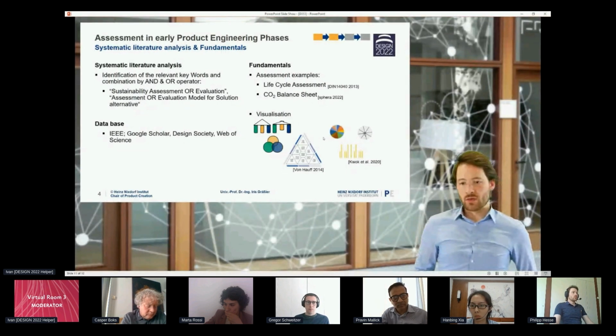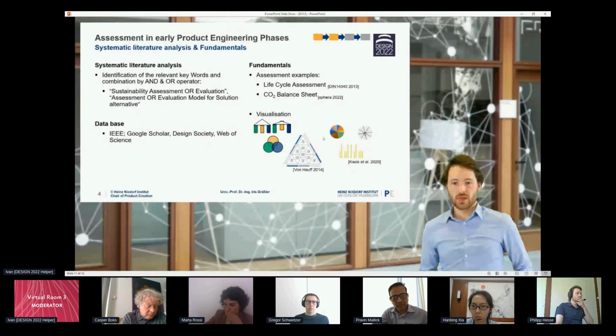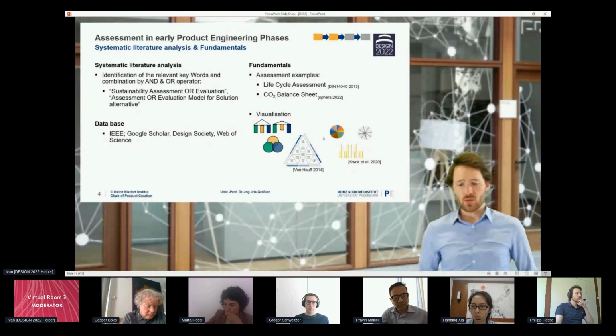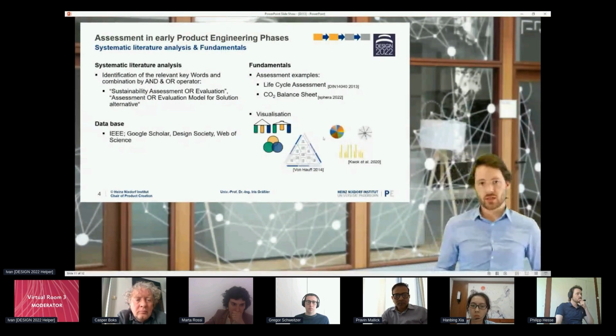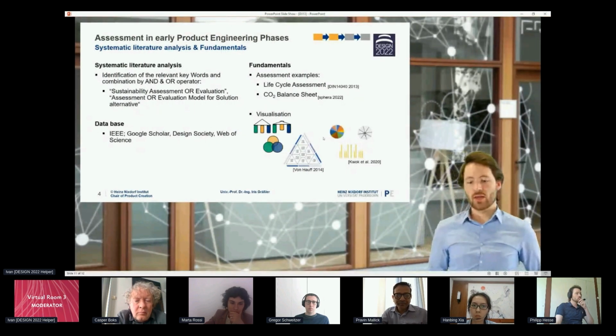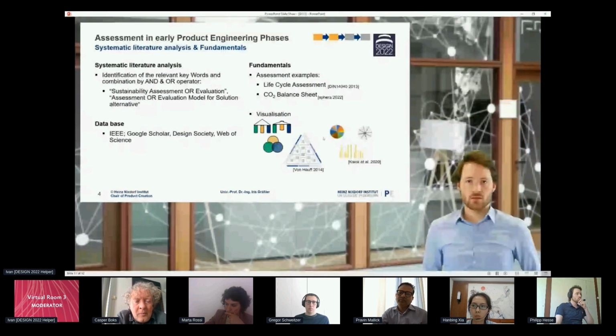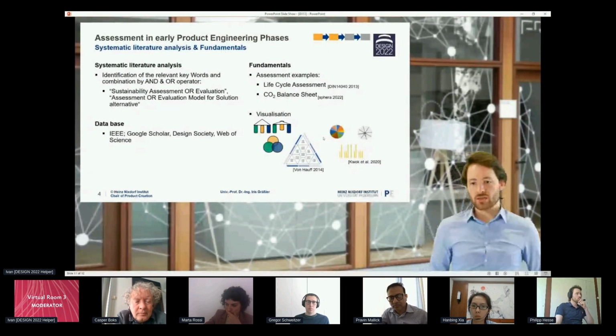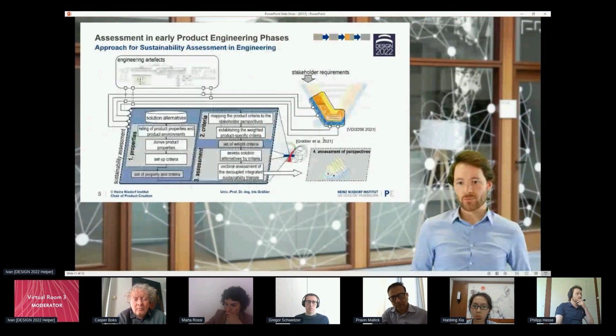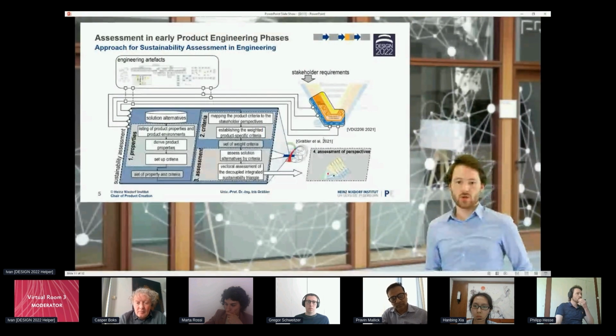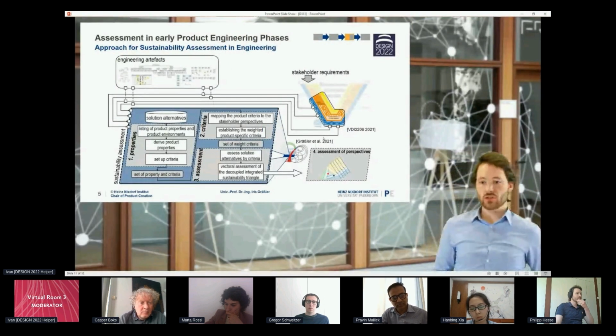There are some examples. For example, the life cycle assessment, which is a very generic methodology and had to be detailed. As visualization method, Van Hoof presented the integrated sustainable triangle and combined the 3 dimensions, social, economic, and ecological, as a mixing ratio.